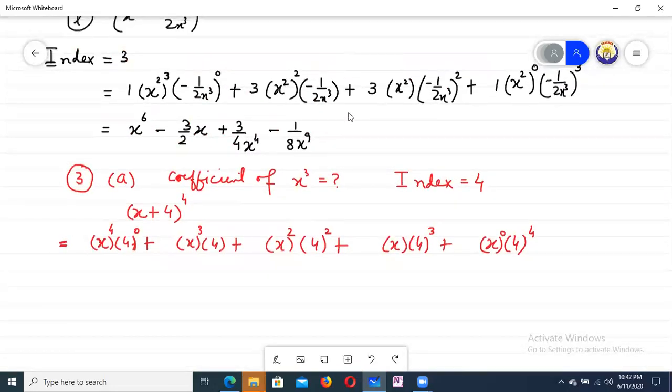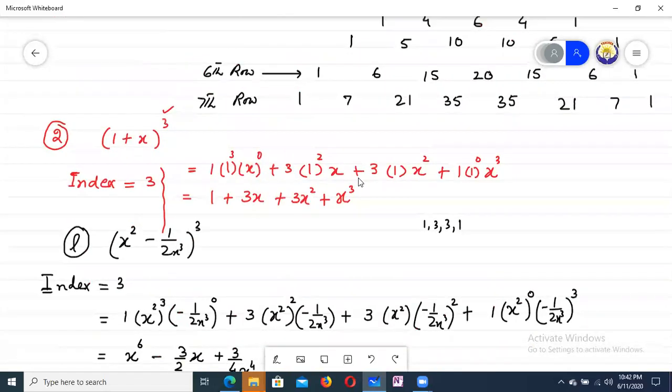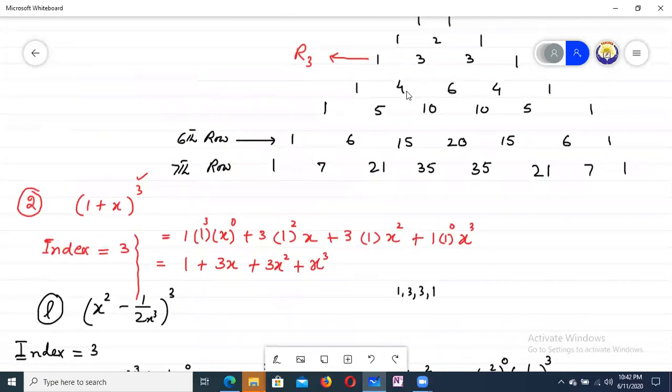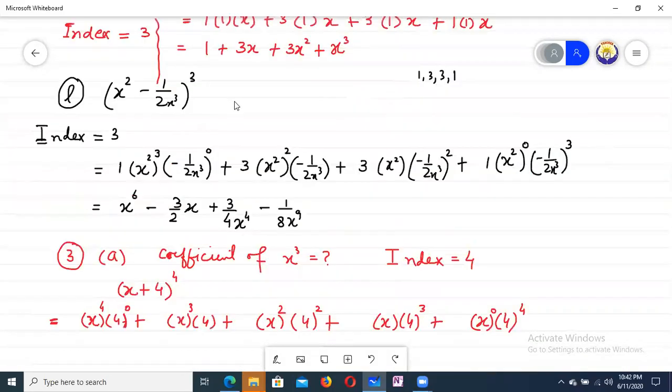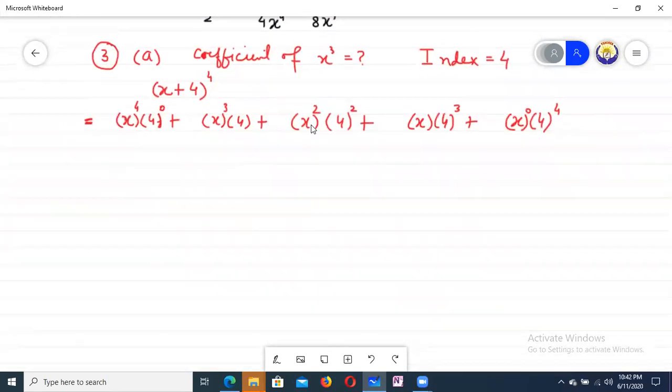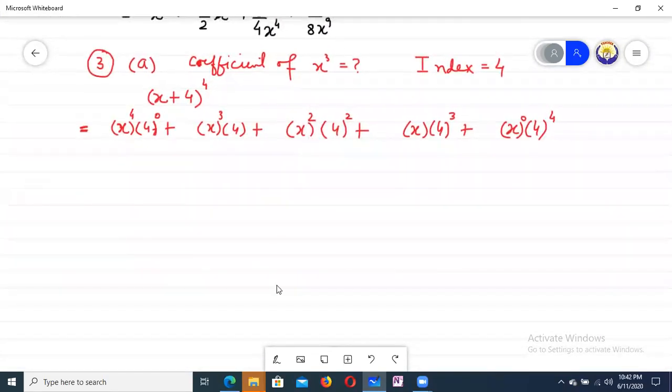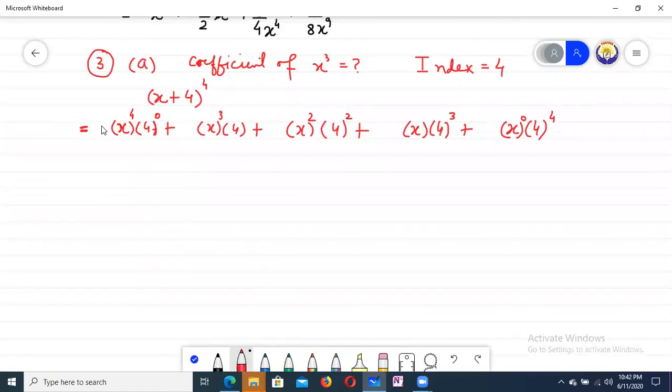In the fourth row, the coefficients are, you can check here, 1, 4, 6, 4, 1. Here, first coefficient is 1, then 4, here 6, again 4, and 1.